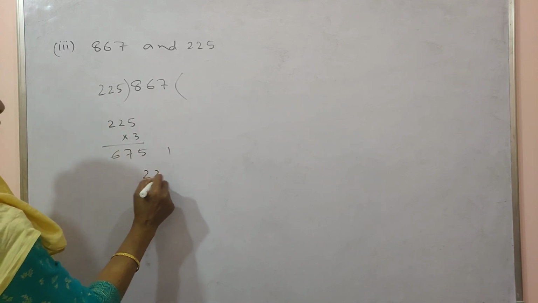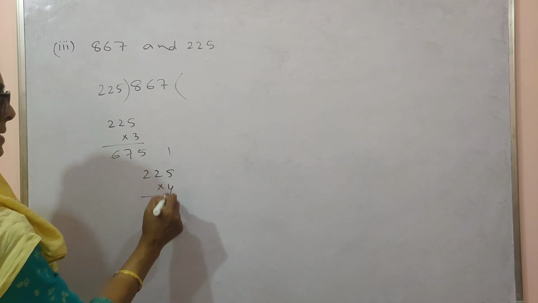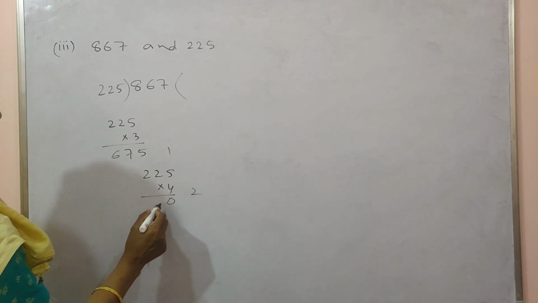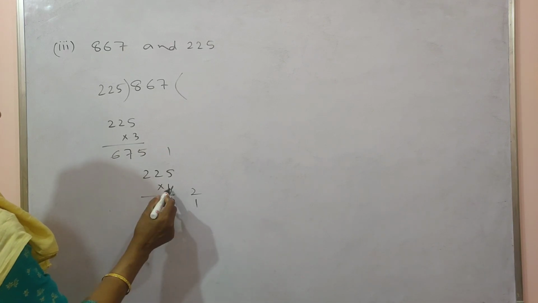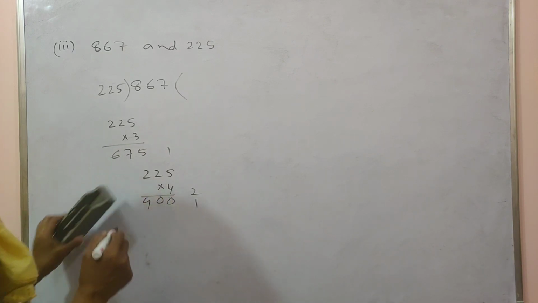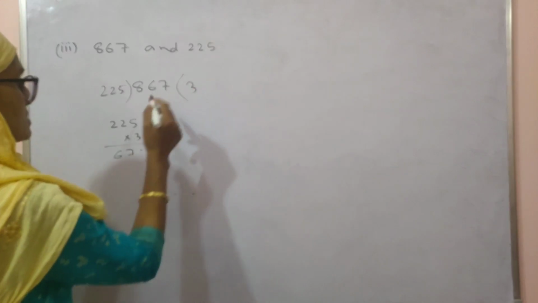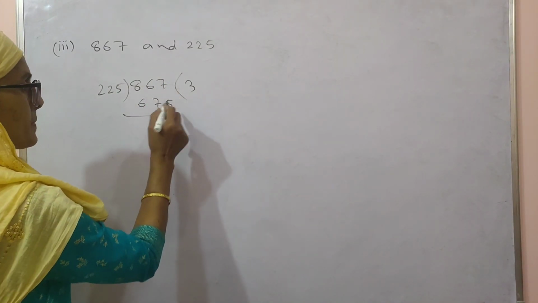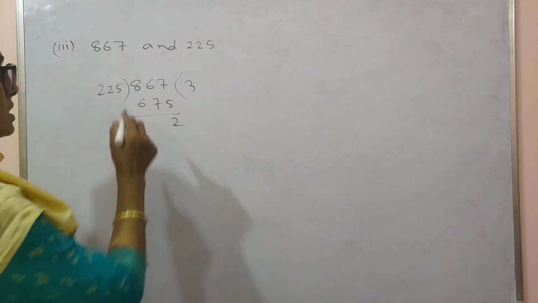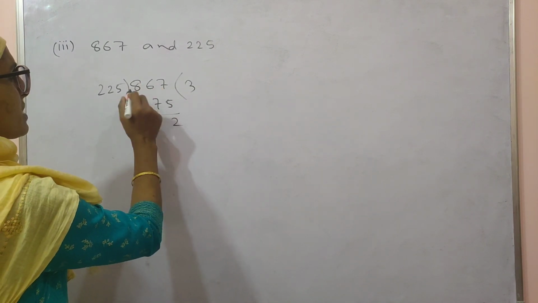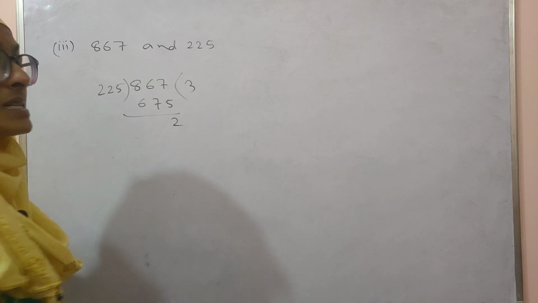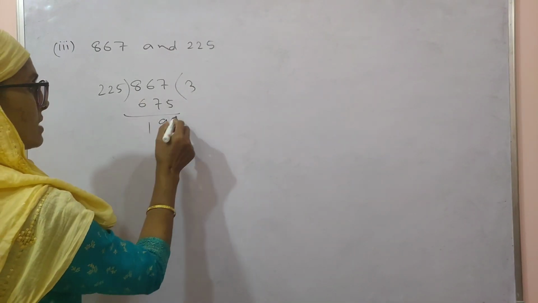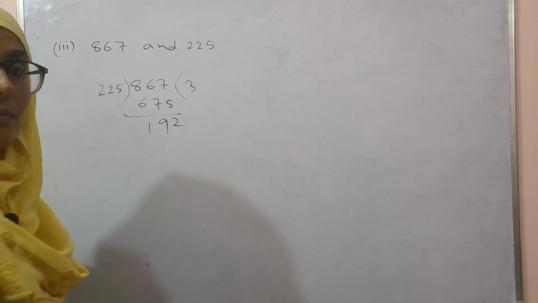Check 4: 225 into 4 is 900. So 3 times, 675. Now subtract: 7 minus 5 you will get 2. Here 16, 16 minus 7 you will get 9. Here 8 minus 6 is 2. So this is the remainder, 192.